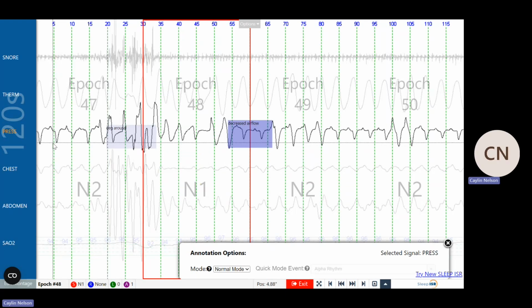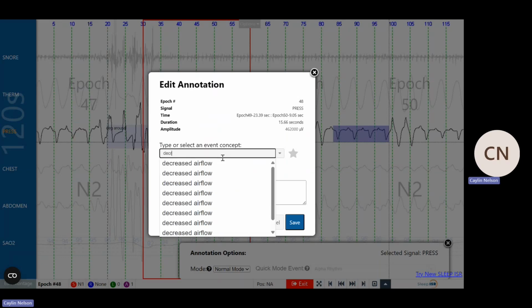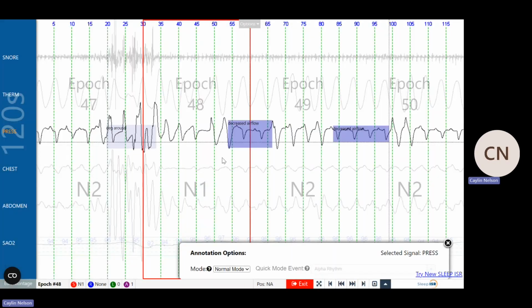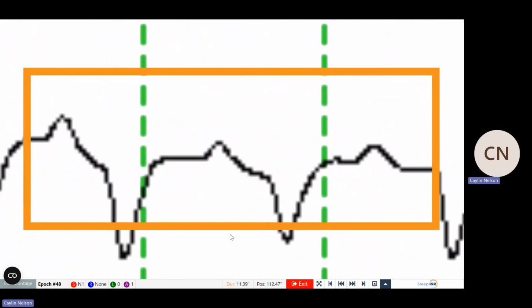But there is a slight decrease in the airflow between 80 and about halfway or quarter to 100. So again, we're going to add in that decreased airflow. We haven't exactly looked at the oxygen levels yet to see if that decreased airflow has caused anything.